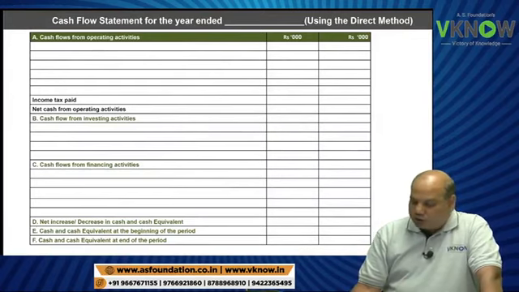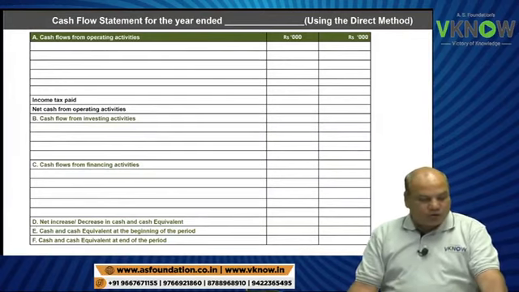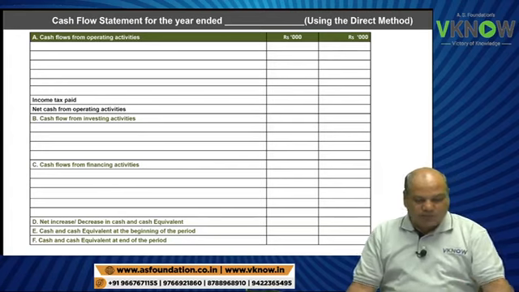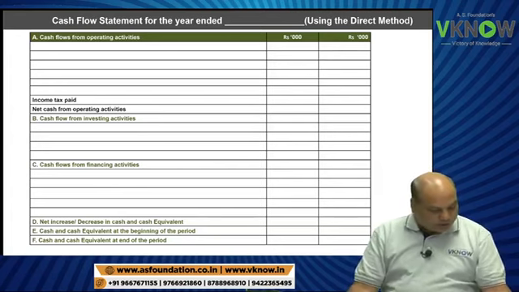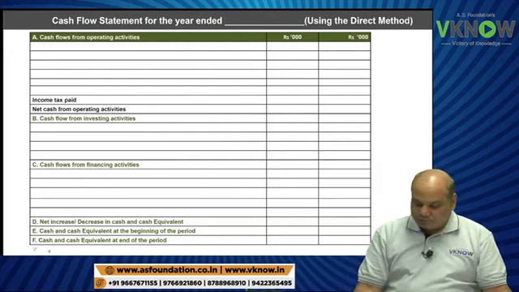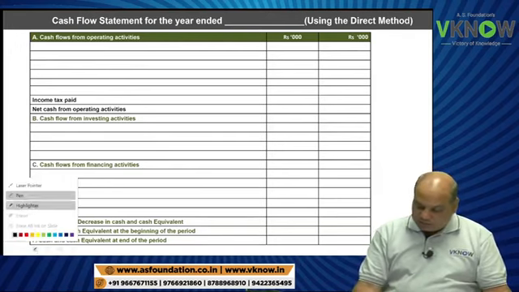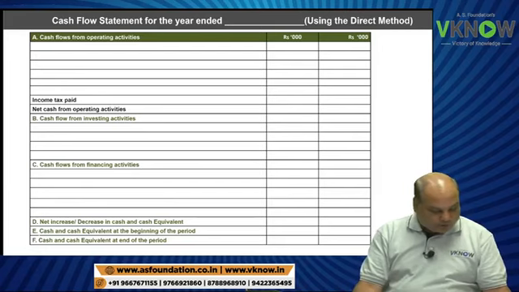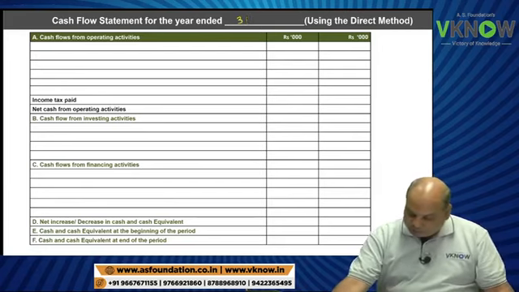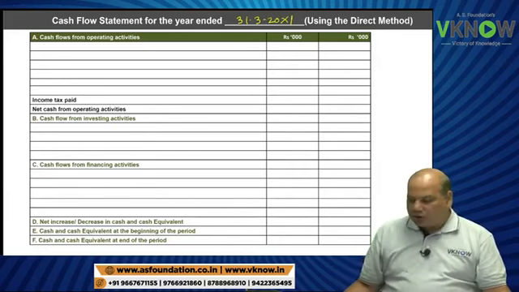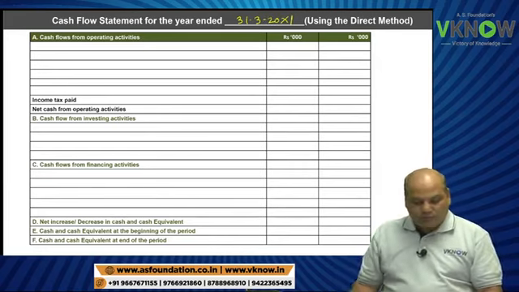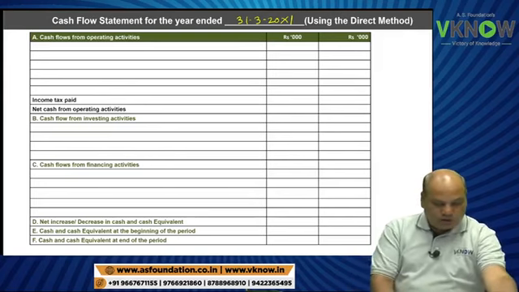So dear student, please write down the name of the company, Gamma Limited. Cash flow statement for the year ended 31st March 20x1 using direct method.